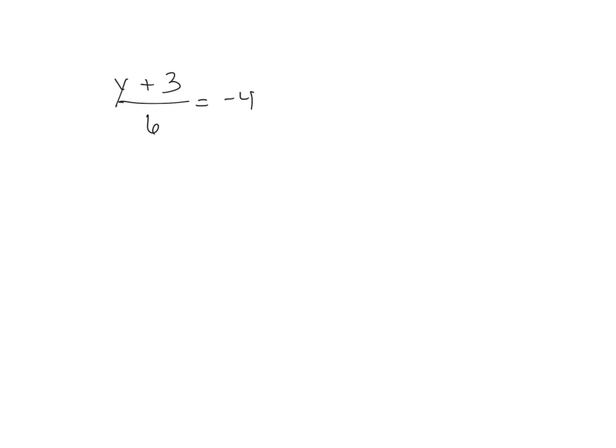And I said there are a couple of exceptions. This is one of them, where the y and the 3 are being divided. So right here you cannot subtract 3. It's wrong because the 3 is being divided by the 6. So you can't just separate it out.